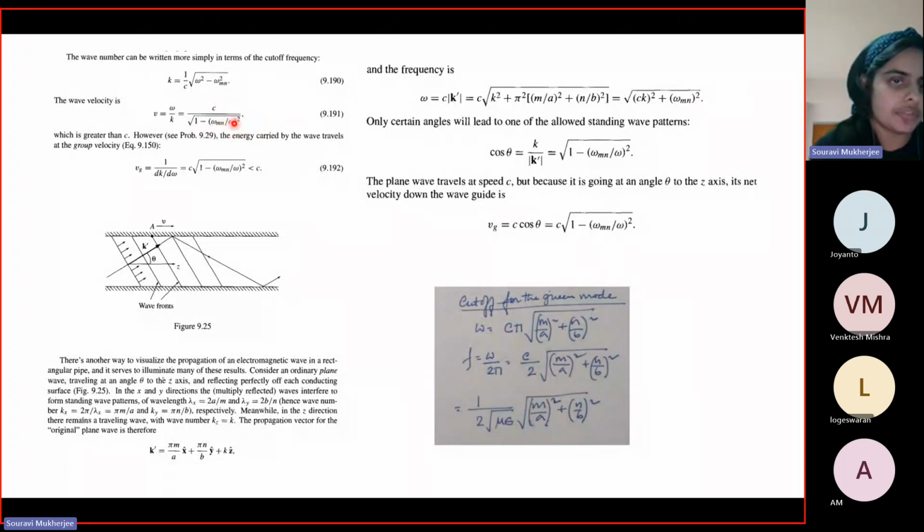So in terms of frequency it will be something like that; in place of frequency it will be lambda by lambda c. You have to use this relation: because your wave velocity is greater than the speed of light, your effective wavelength in the waveguide will be greater than that expected in free space. So there could be questions along these lines. Yeah, that's it. Do you have any questions?